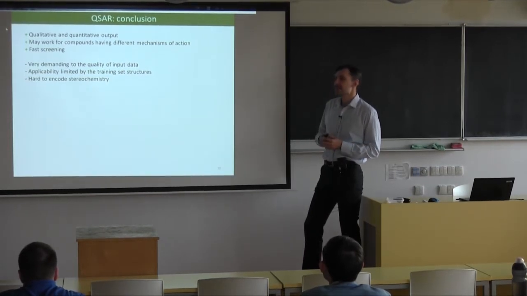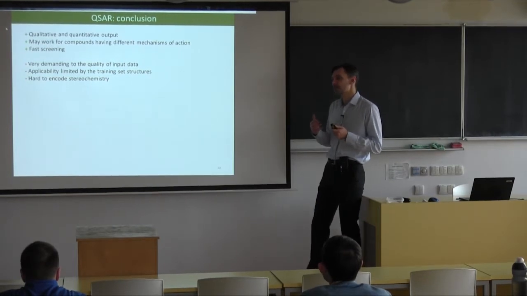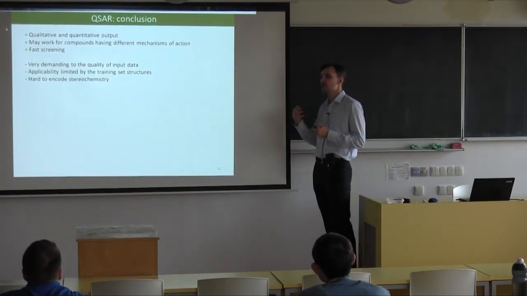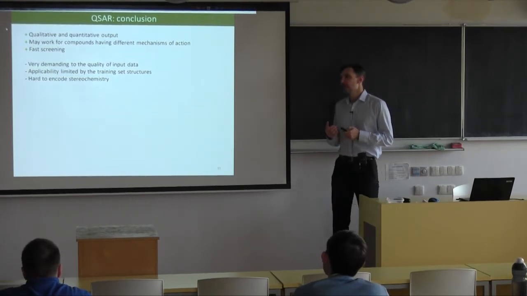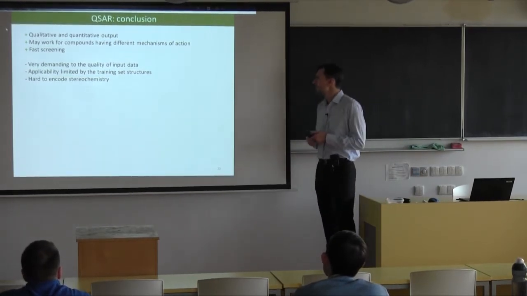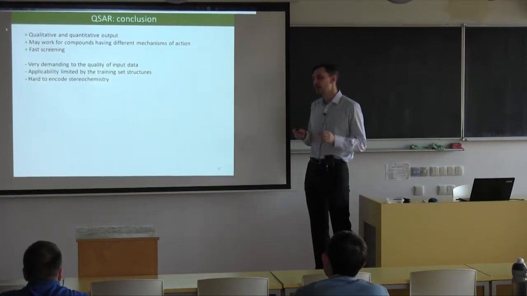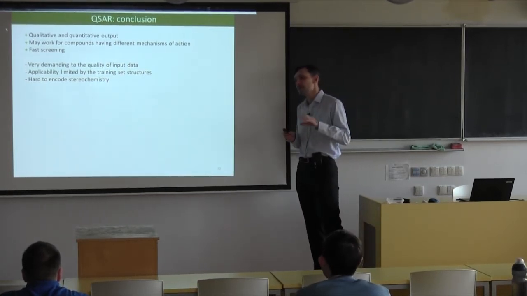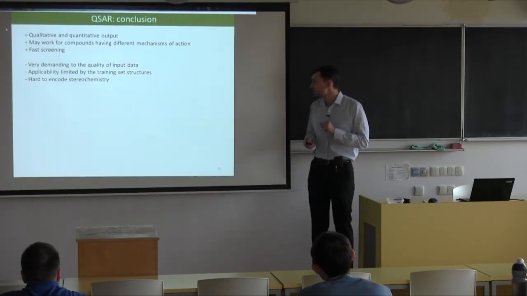Also, QSAR models can work with compounds having different mechanisms of action. Nowadays, complex models like random forest and neural networks can be used, because initially, QSAR models were developed only for a subset of compounds which have the same biological mechanism of action.